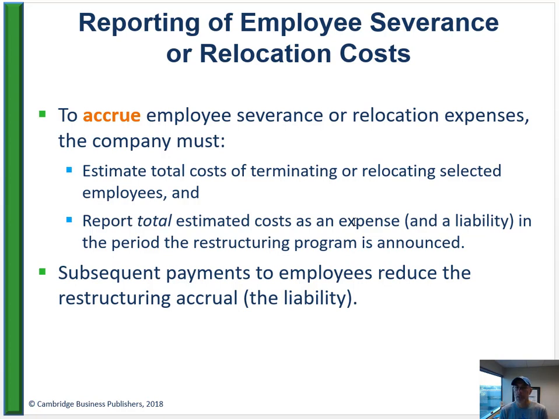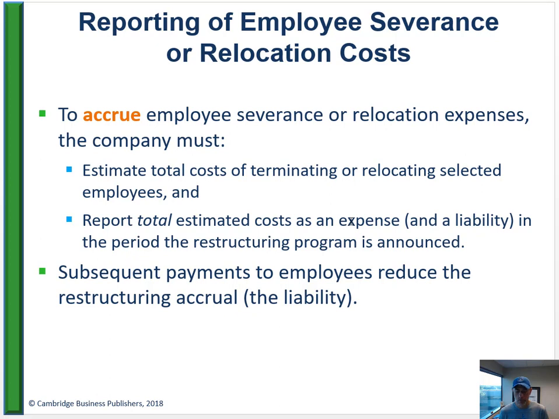But we're going to expense it as if all of those expenses hit the income statement today, or in the period that those restructuring expenses are announced. And then the offsetting accounting entry is going to be to book a liability on the balance sheet. That liability will reverse itself in subsequent periods as we actually pay that cash out to employees in the form of severance or relocation or whatever.